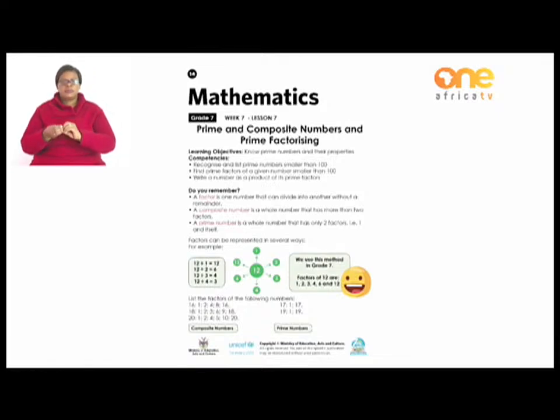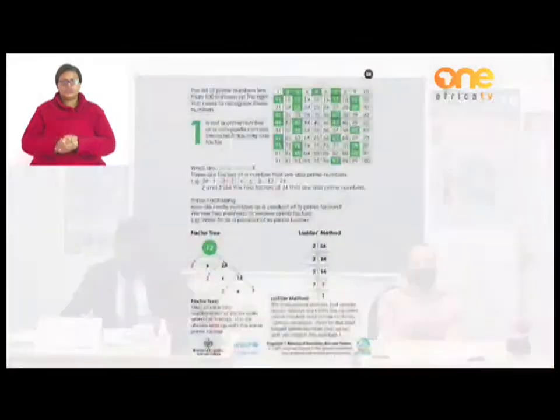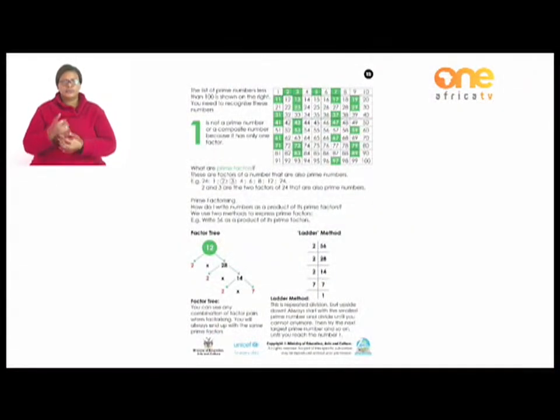Now we move to page 15. Reading, the list of prime numbers less than 100 is shown on the right, in the table. If you look in the table, you can see the numbers.